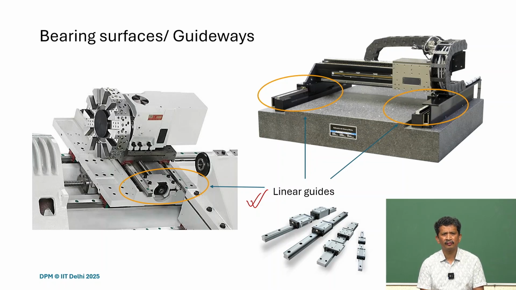Yes, with respect to precision, there is a limitation. Of course, it's better than purely sliding bearings or sliding joints, but still there is physical contact and friction involved. And what we studied is that wherever there is friction, no matter how stiff the structure is, there will be an associated virtual play.